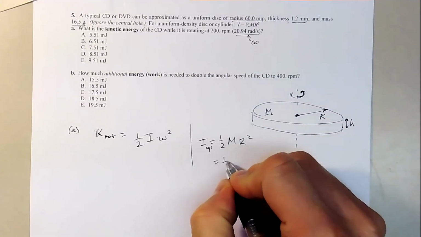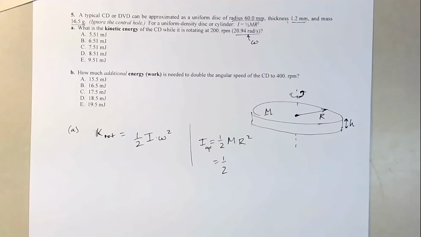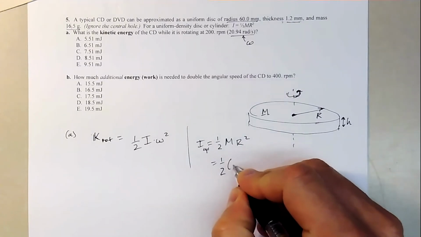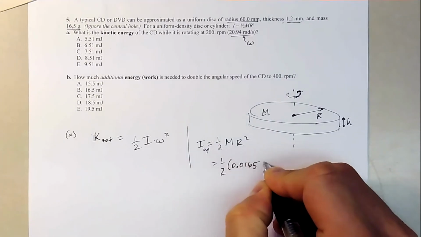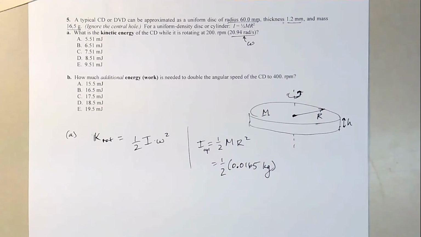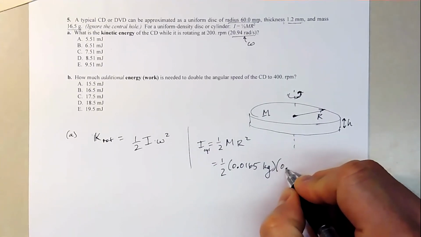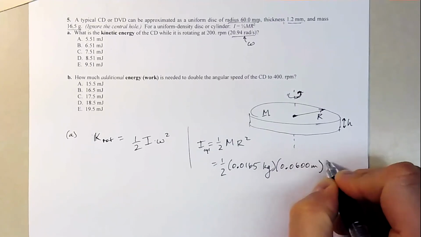This is 1/2. Now let's convert everything into MKS units so that our answers can be in joules. So this is 0.0165 kilograms, which is 16.5 grams, and then the radius is given as 60 millimeters, so I'll convert that into meters.